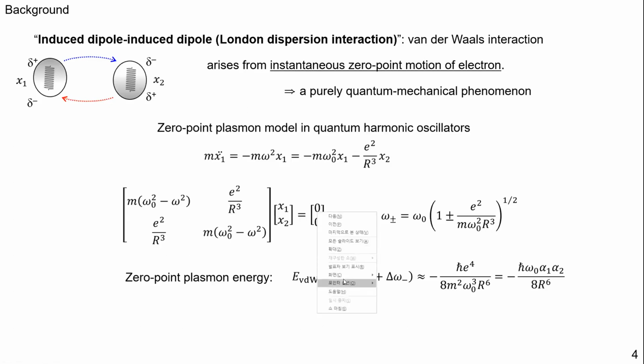To describe this Van der Waals interaction in a very simple model, there's a zero-point plasmon model which describes these dipole molecules as a pair of quantum harmonic oscillators, which is from the physical chemistry in undergraduate courses.